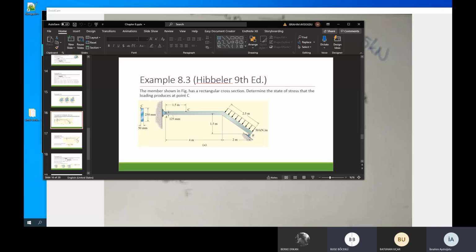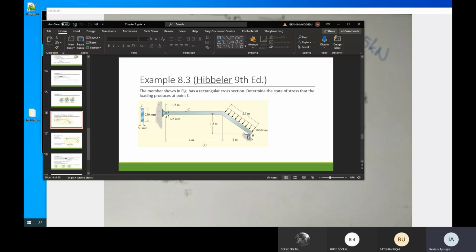Hocam, yes, I wrote 0.75 because we need to take the middle of the distributed force. Okay, you typed 0.75, but 0.75 is the vertical middle. I am wondering about the middle of the beam.